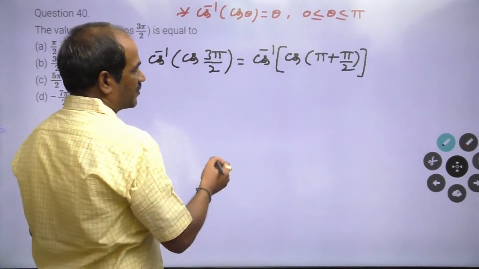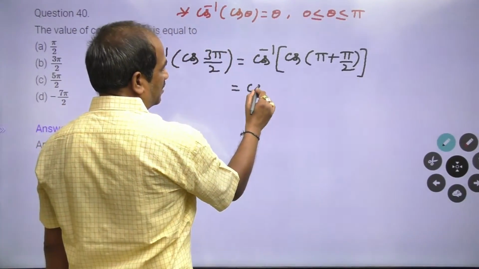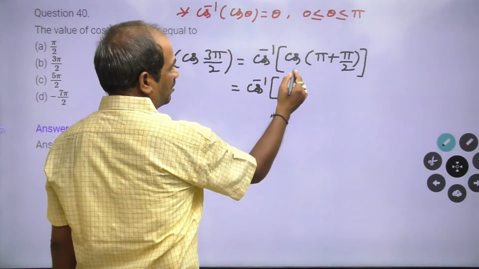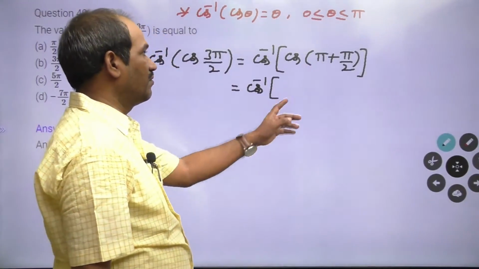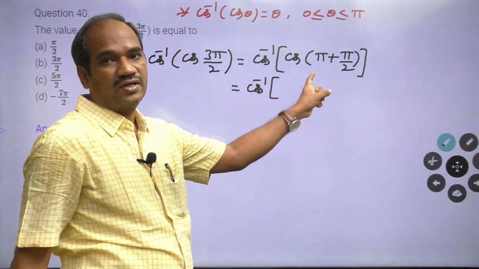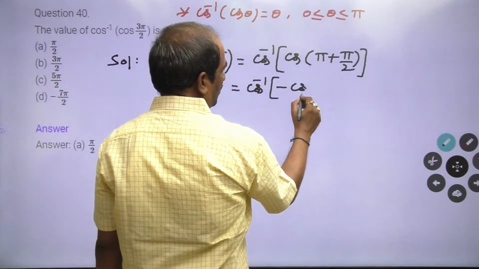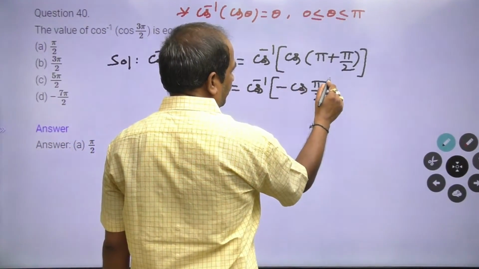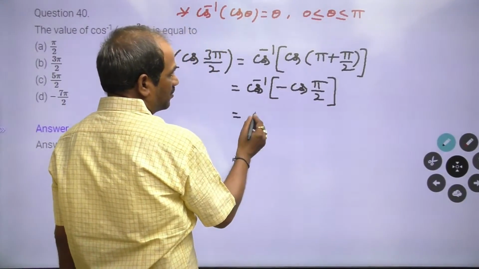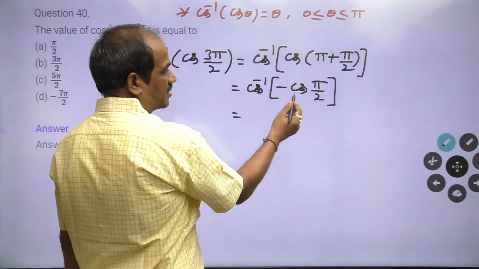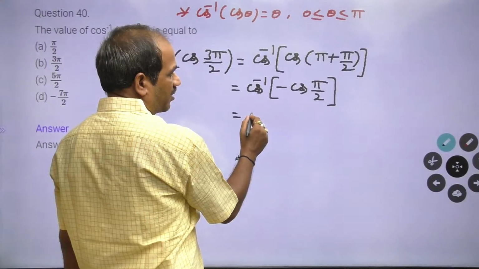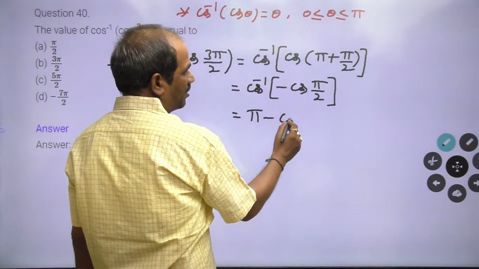That is cos inverse of cos of 180 plus theta. In the third quadrant cos is negative, so it is minus cos theta, that is minus cos of pi by 2. Next, apply the formula cos inverse of minus x equals pi minus cos inverse x.